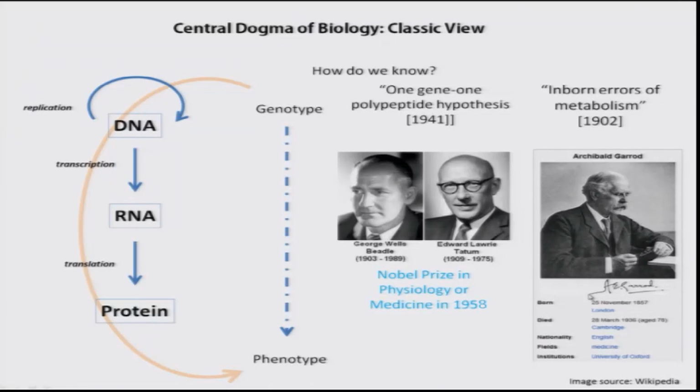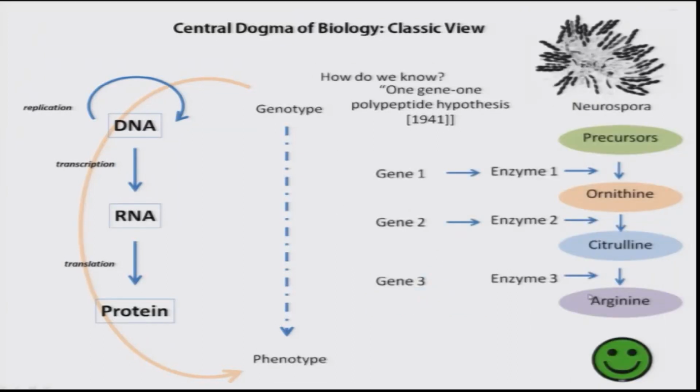This particular discovery came from a species called Neurospora, again a fungus, and what they essentially looked at is how, for example, the synthesis of arginine, one of the amino acids, happens from the precursors that the organism gets from its nutrients. There are enzymes, and each enzyme converts one precursor into the other, and so on. This is the pathway.